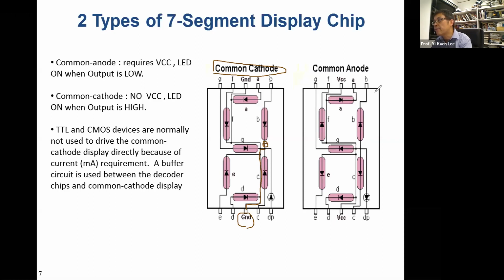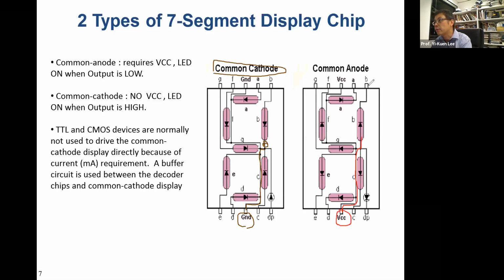The same thing for the B LED. The negative side will connect to this B terminal, and the positive will be connected to here, from here, VCC. So that means positive, negative.